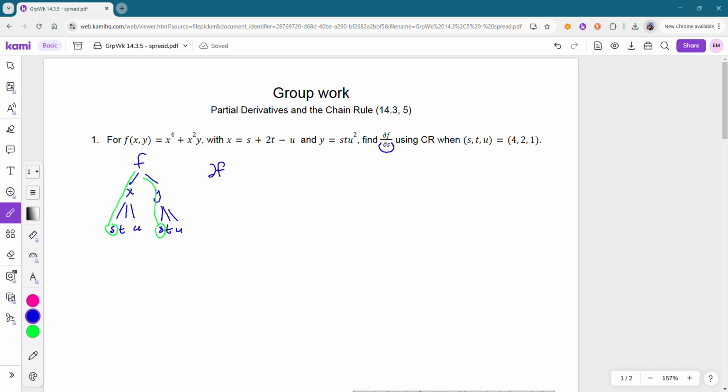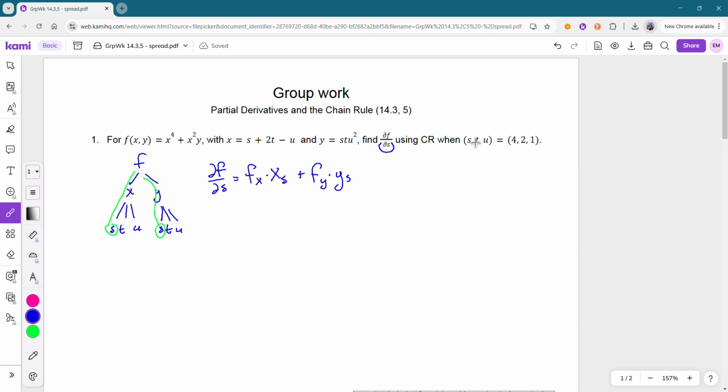So del f del s is going to be fx for the first bar on the left times xs, plus fy for the first bar on the right, and then times ys. So we have just these four partials to compute, and then we can just pop them where they go.